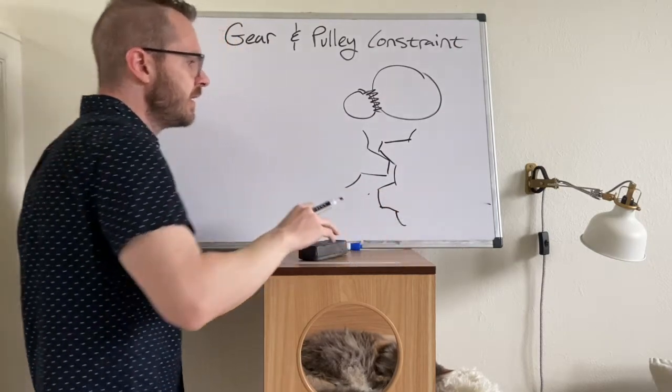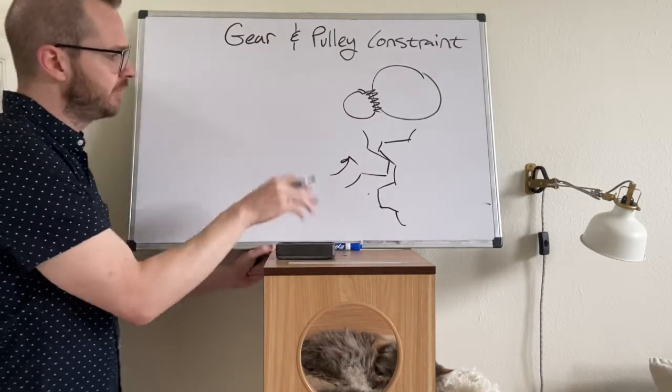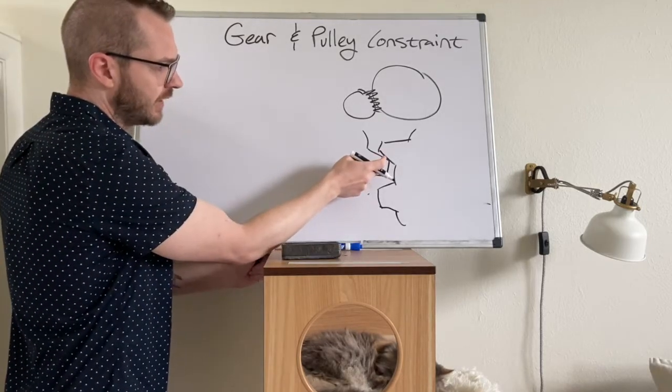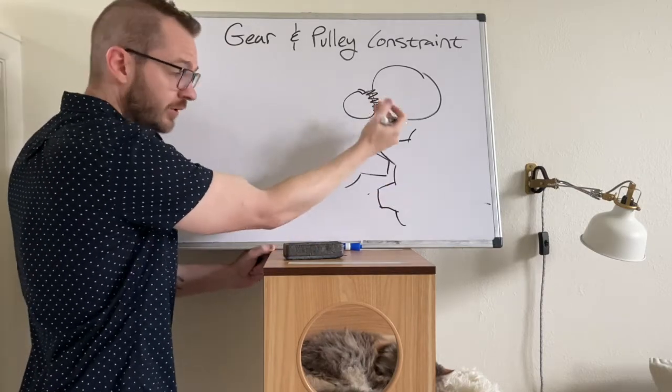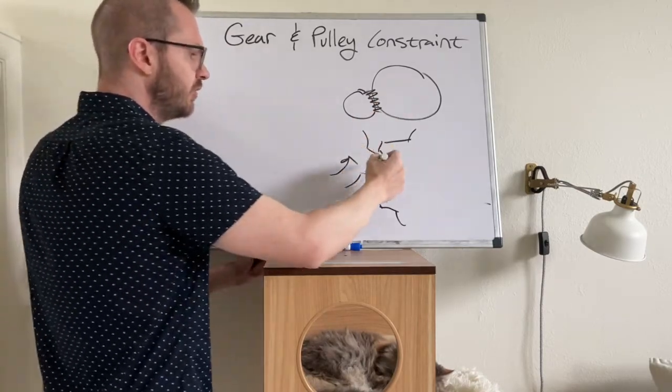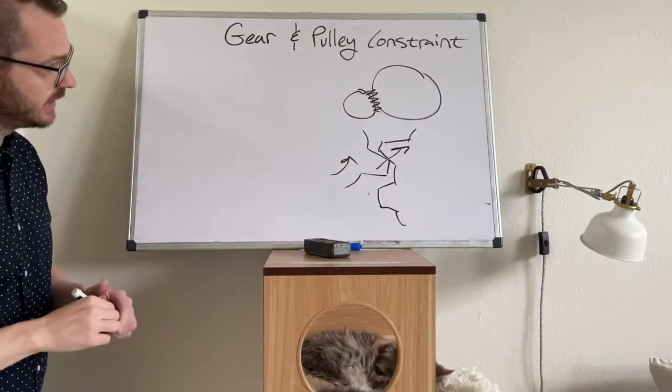There we go. And what's going to happen is when one of these gears spin, this gear tooth is going to dig into the teeth on the other one, and of course it's going to push it. Now, there are going to be forces involved in this motion.